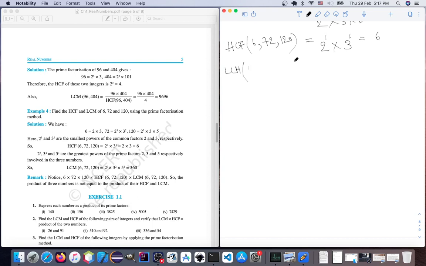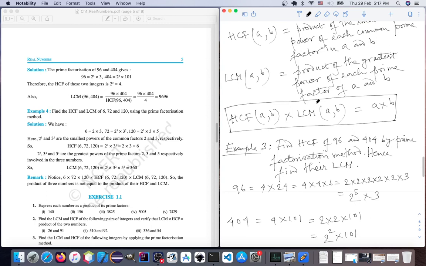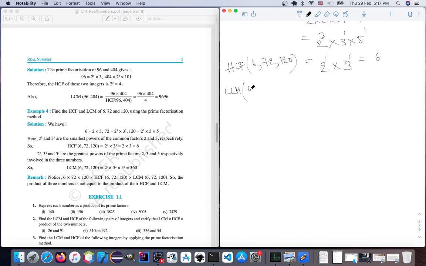From here, you know the formula, the boxed one, we can say that LCM of A and B equals A into B divided by the HCF of A and B. So LCM of 6, 72 and 120 equals 6 into 72 into 120 divided by the HCF of 6, 72, 120.